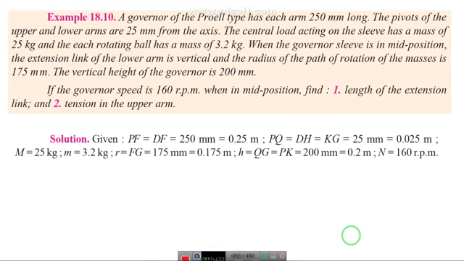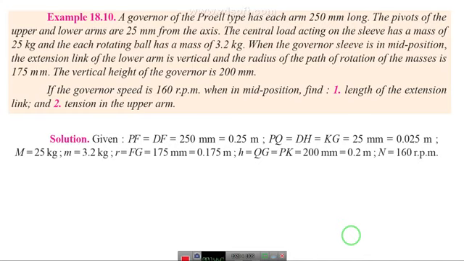The Proell type governor has each arm 250 mm. The pivots of the upper arm and lower arm are 25 mm apart from the axis. The central load is given, and the mass of the ball is given. The governor sleeve is in the mid position of the extension arm, and the radius of rotation of the masses is 75 mm.